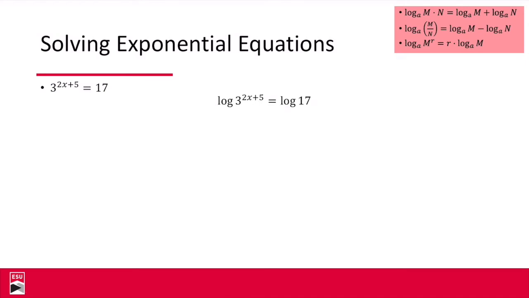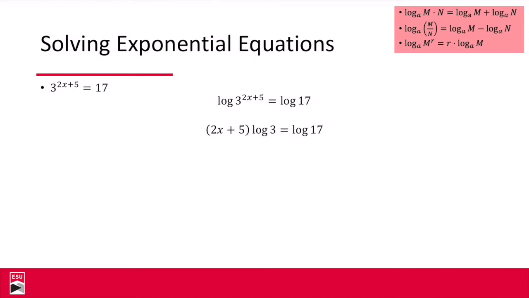You could have used log base 3, and that would have made the 3 cancel, but I typically work with log or natural log because they're the most common. Then we can use our third rule, the power rule, to bring this exponent 2x plus 5 down to the front. Now we have 2x plus 5 times the log of 3 equals the log of 17.